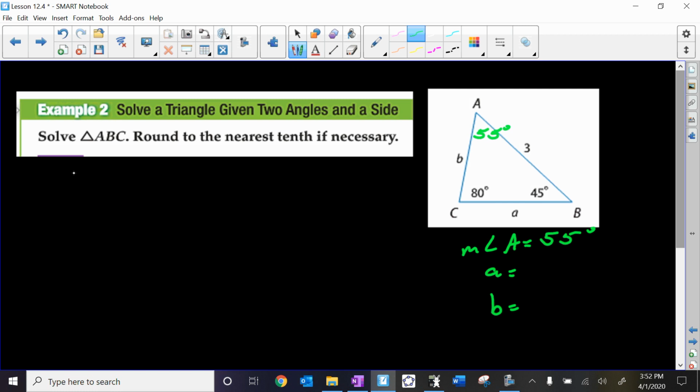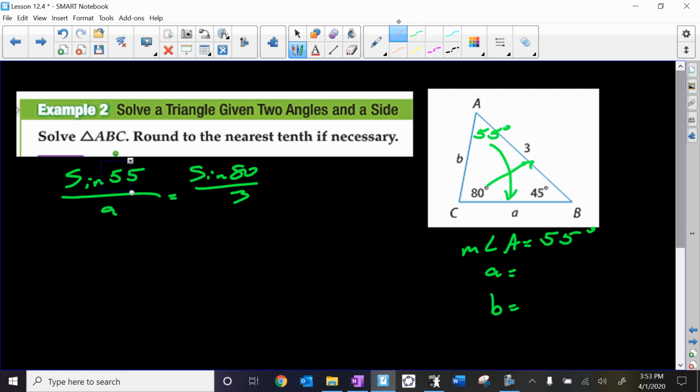I have sine of 55 over my side length of A. Notice how I went across. That's going to equal, now we're going to come up with one that doesn't have a variable, and I notice that I have an angle measure of 80, that's across from a side length of 3. So we're going to say sine of 80 over 3.